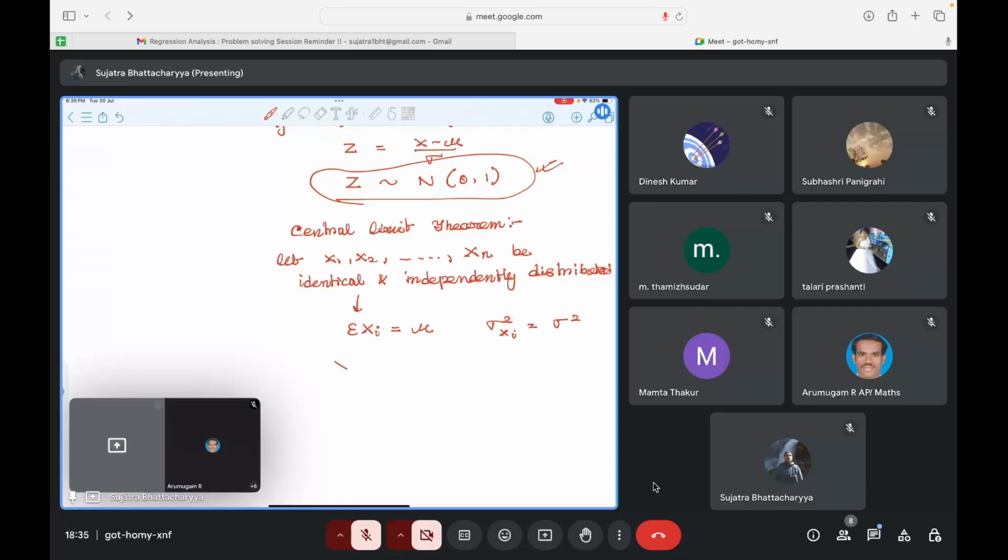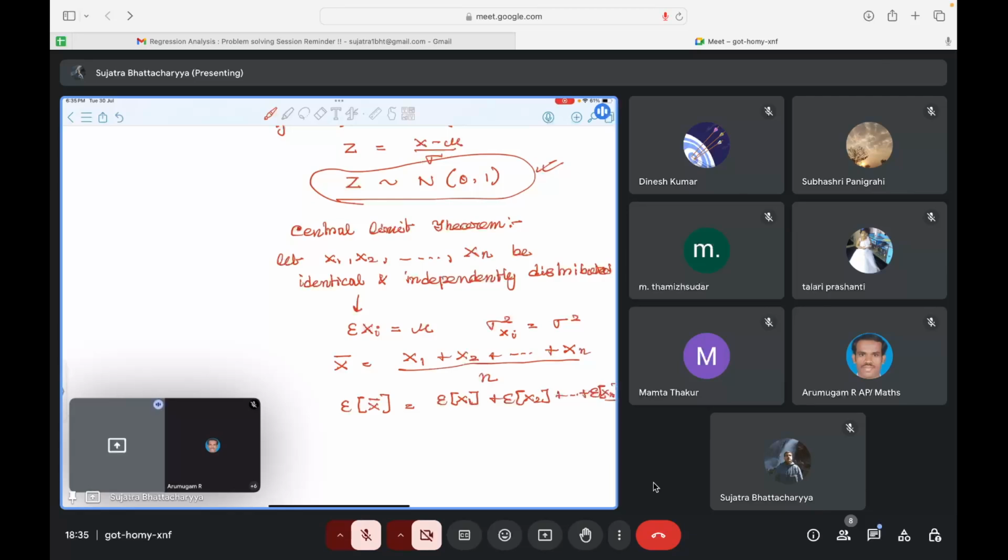Then x bar, that is the summation, the mean of all the samples up to xn, divided by n, the number of observations which you have. This x bar will have an expectation value of what? This will be E of x1 plus E of x2 plus so on up to E of xn.